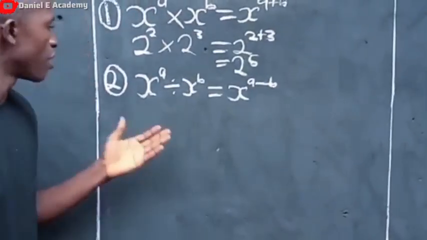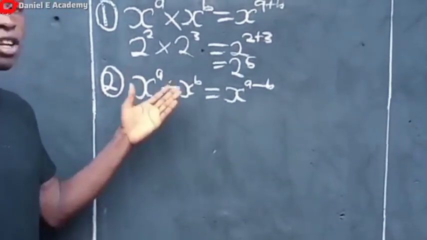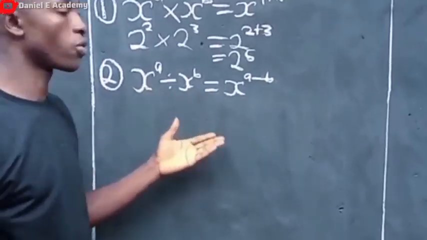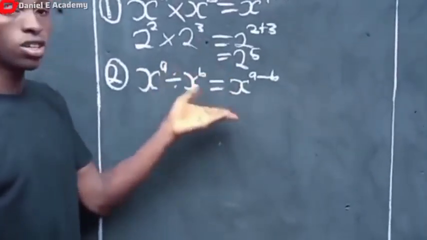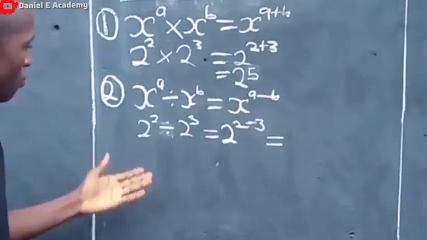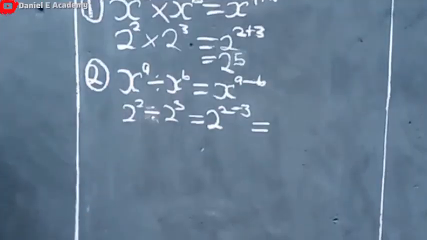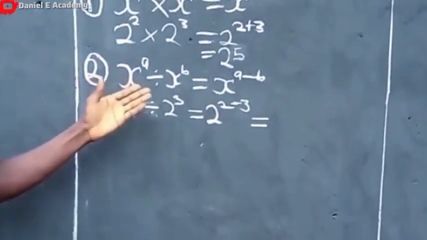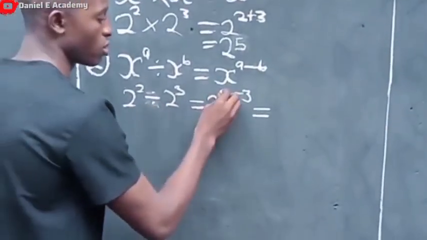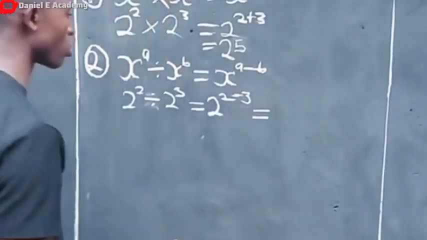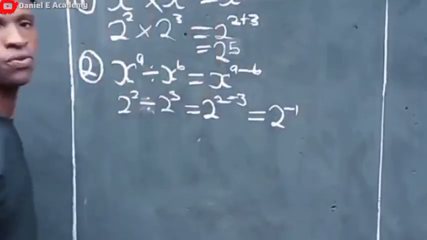Whenever you have a number to a power dividing the same number to a power, to arrive at your answer you write the number and subtract the powers. We have 2 power 2 divided by 2 power 3. Following the division law, we write the 2, since they are the same, power 2 minus 3, which gives us 2 power minus 1.